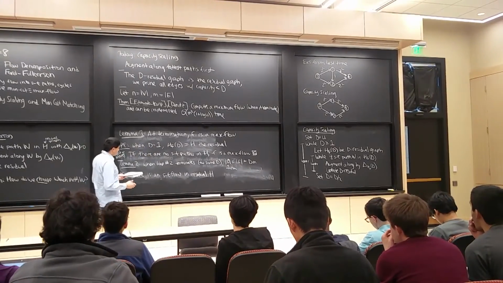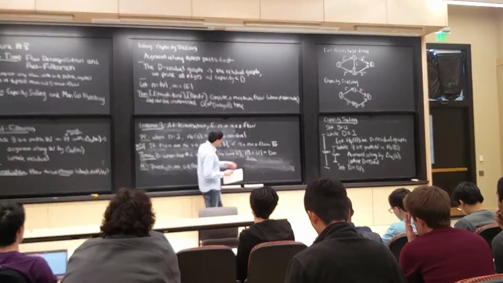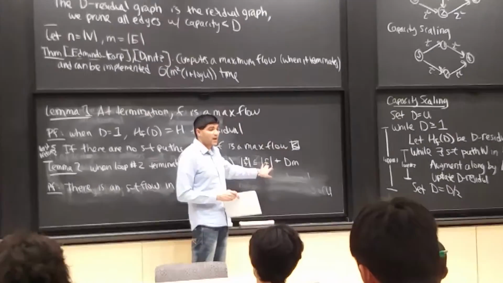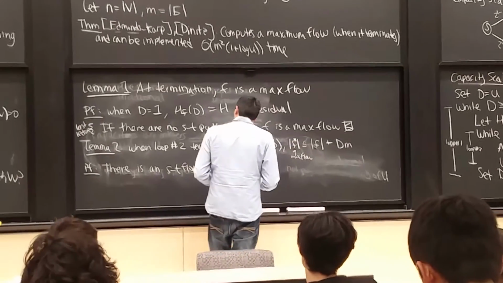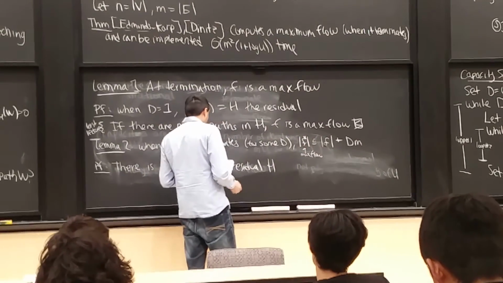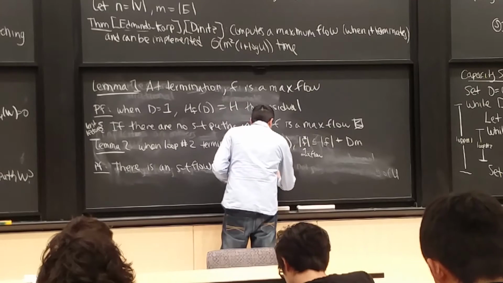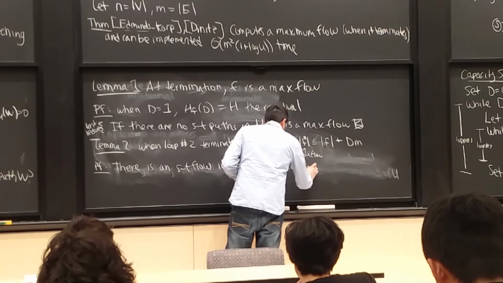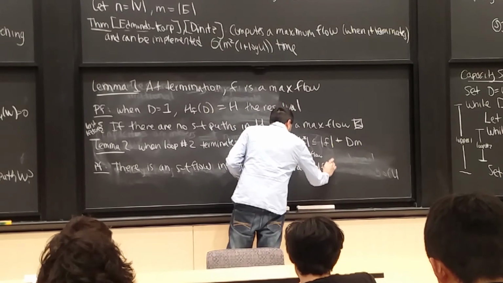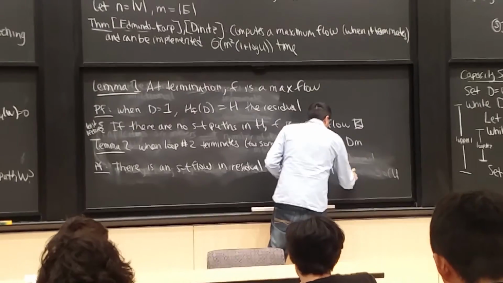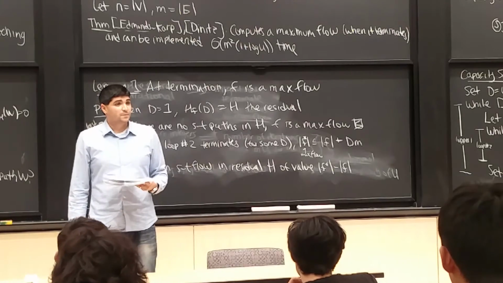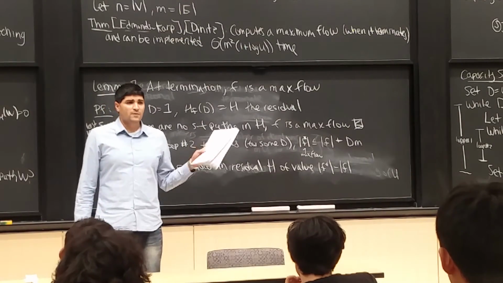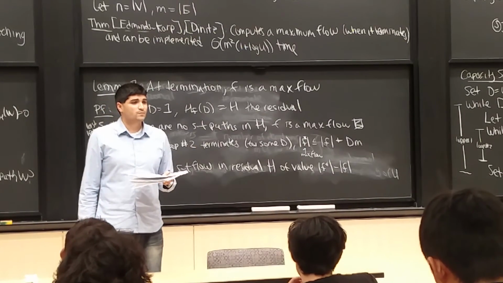If when we terminate at the end of loop 2 we have a flow whose value is this, and the max flow is this quantity, that tells us there is an ST flow in the residual whose value is f star minus f. Okay? So that's the idea. Can anyone tell me why? Give me a justification for this.